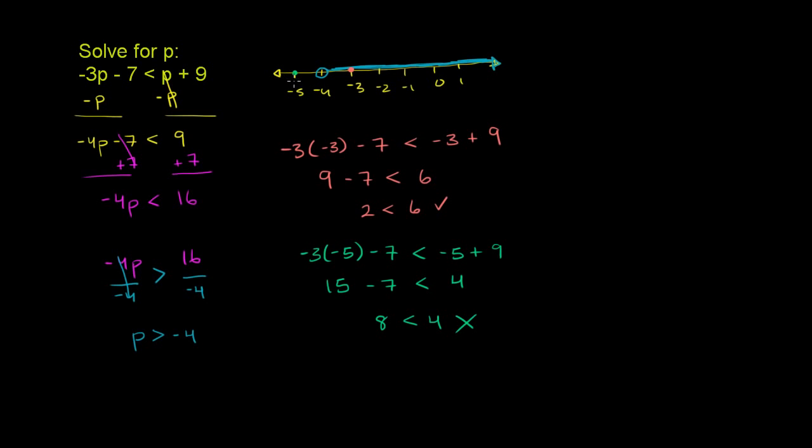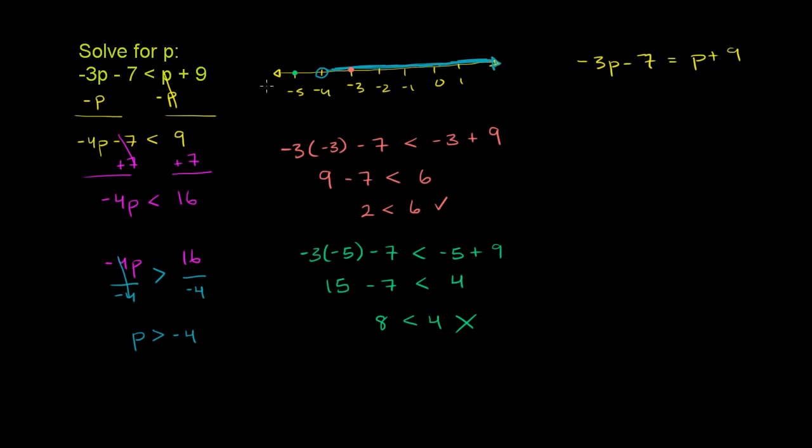And now if we want to feel really good about it, we can actually try this boundary point. Negative 4 should not work, but it should satisfy the related equation. When I talk about the related equation, negative 4 should satisfy negative 3p minus 7 is equal to p plus 9. It'll satisfy this, but it won't satisfy this, because when we get the same value on both sides, the same value is not less than the same value. So let's try it out.